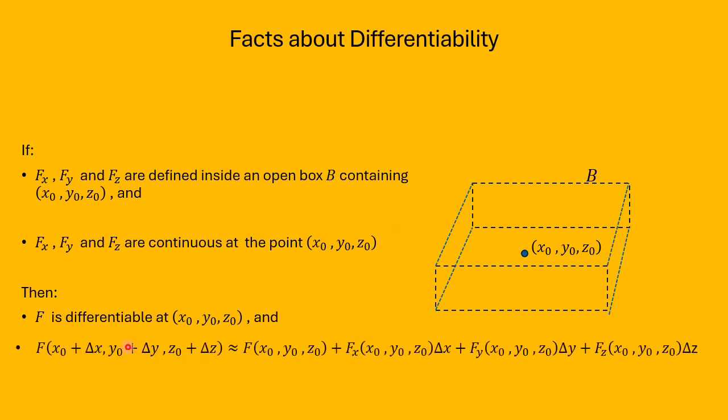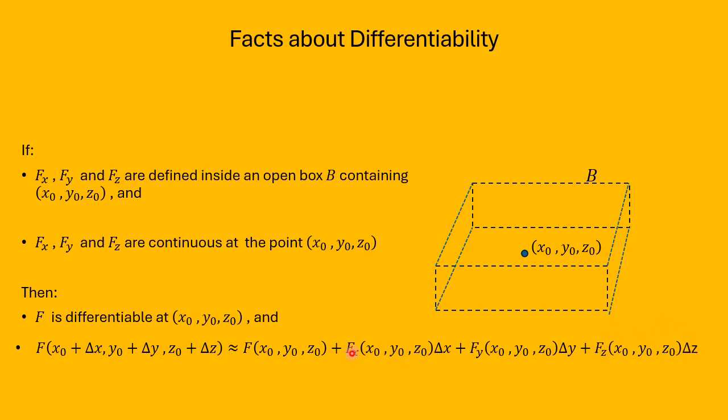F of x0 plus delta x, y0 plus delta y, z0 plus delta z is approximately equal to f of x0, y0, z0 plus this partial derivative with respect to x at that point times delta x plus the partial of f with respect to y at that point times delta y plus the partial of f with respect to z at that point times delta z.